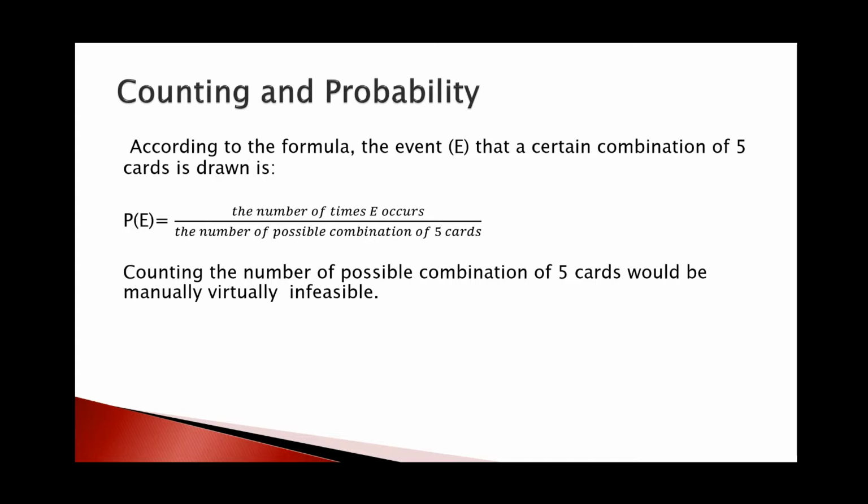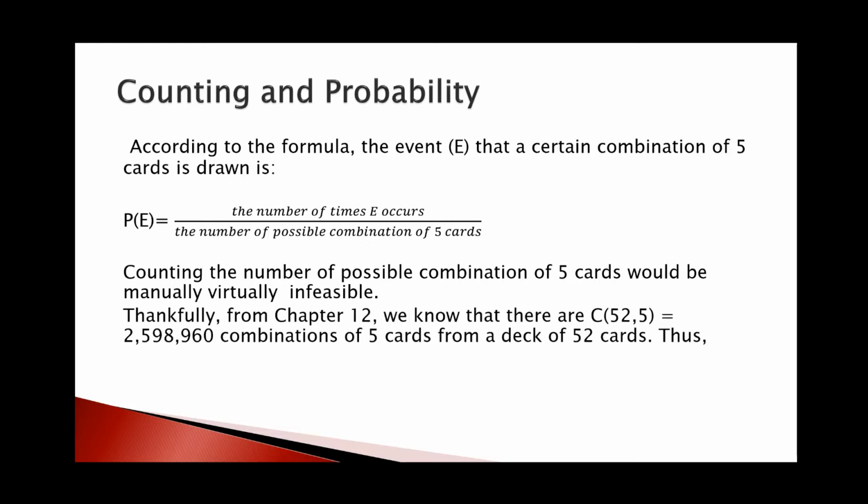But we also need to count the number of possible combinations of 5 cards, and it is in fact virtually manually infeasible. However, thankfully, from chapter 12, we know that there are 2,598,960 combinations of 5 cards from a deck of 52 cards.